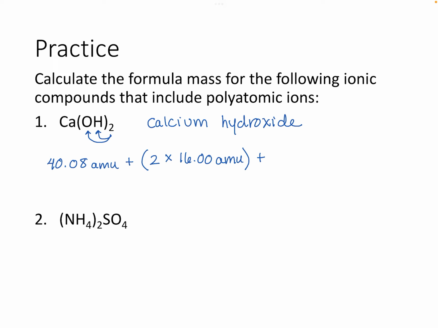And then we have 2 hydrogens. So the mass of hydrogen is 1.008. So we'll multiply that by 2. Okay, if we add all of that together, our calculator should give us 74.09 AMU.